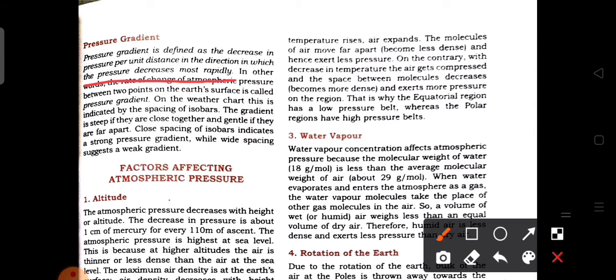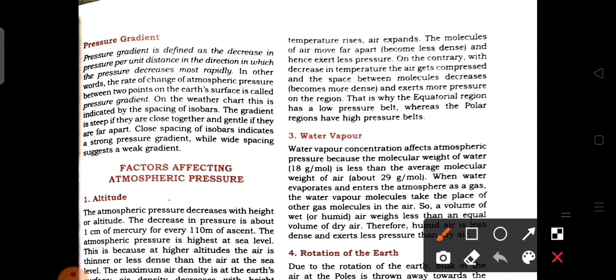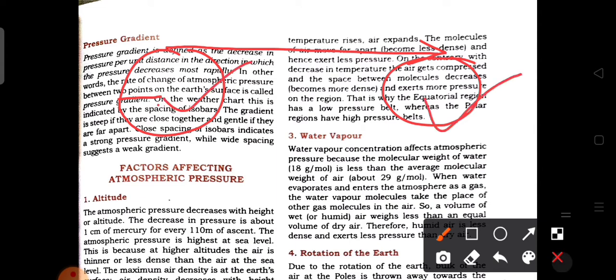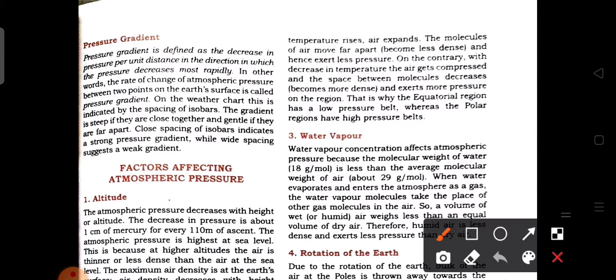In other words, it is the rate of change in atmospheric pressure between two points on the earth's surface.